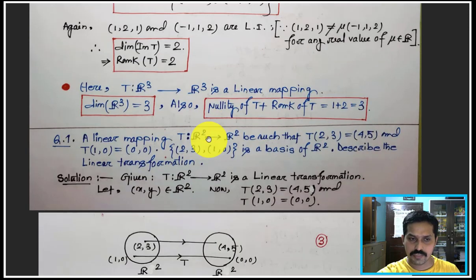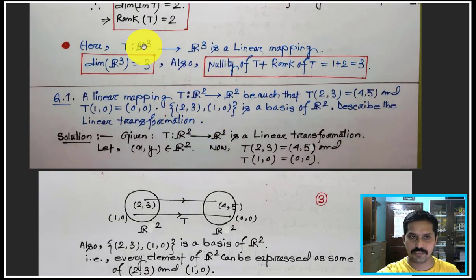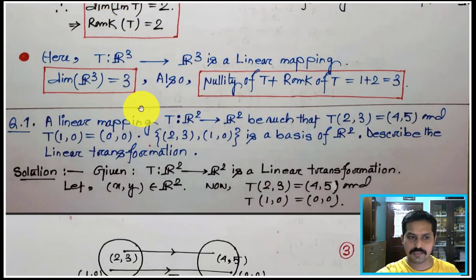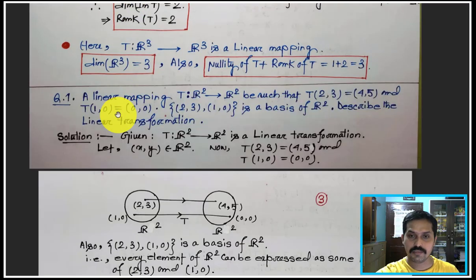Now come to my next example, which is quite interesting. Here the function is already known to be a linear function, but the linear mapping is not given. We have to find the linear mapping. So how to do so?